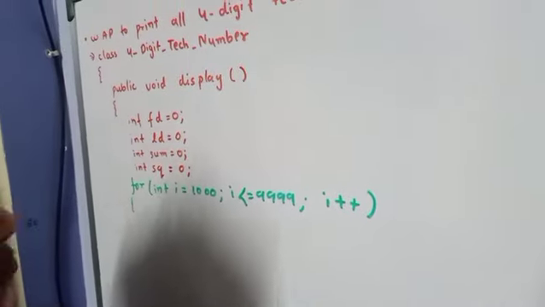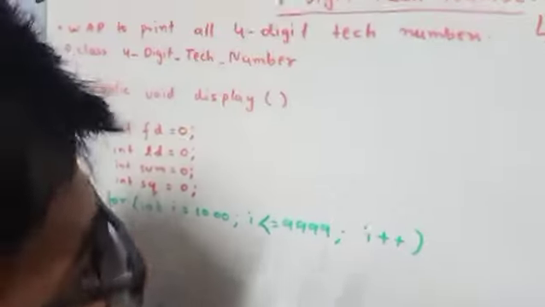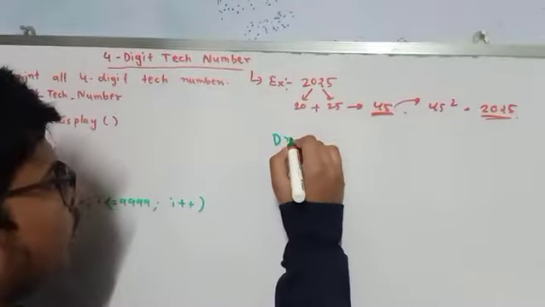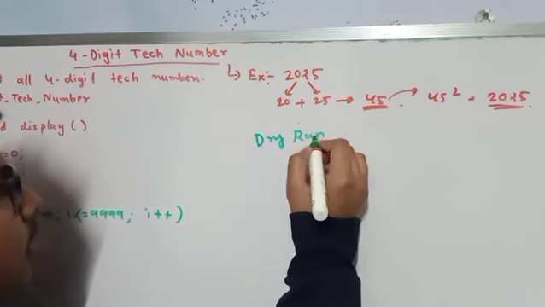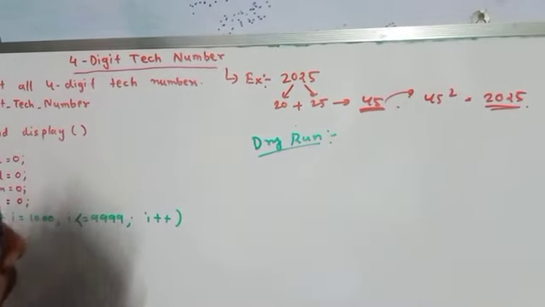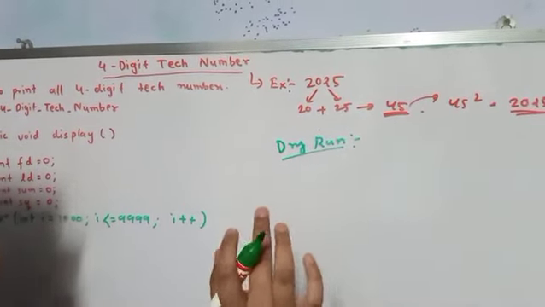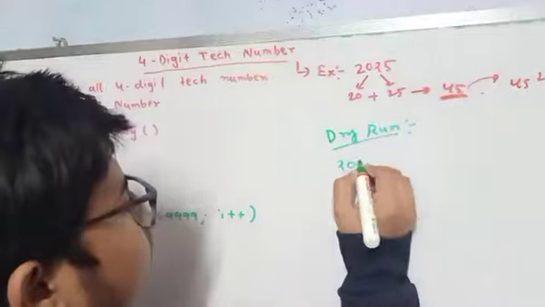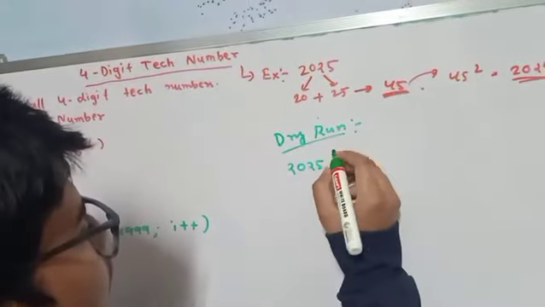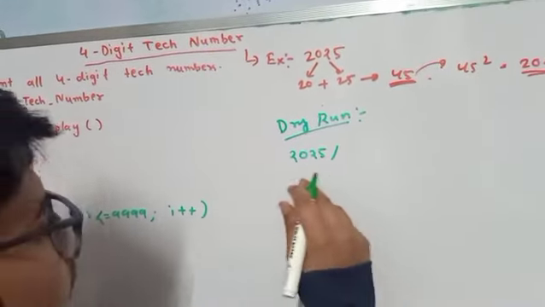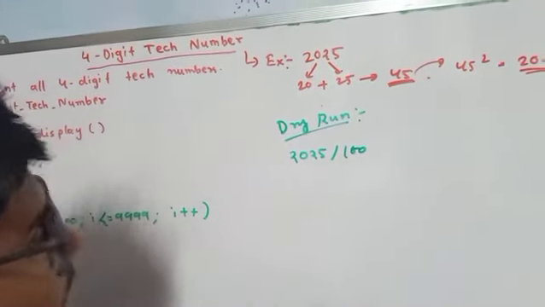Now from this number, how can you extract the first 2 digits? This is the dry run, and as I have told earlier also, dry run is very important for solving a program. So if you observe it carefully, if you perform division of this number by 100, what will you get?